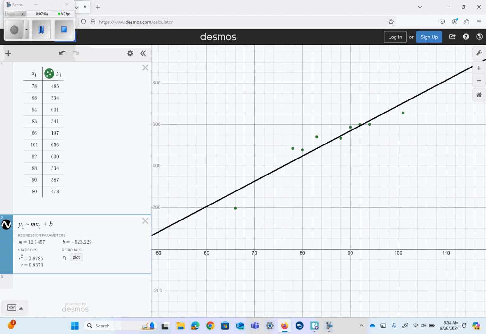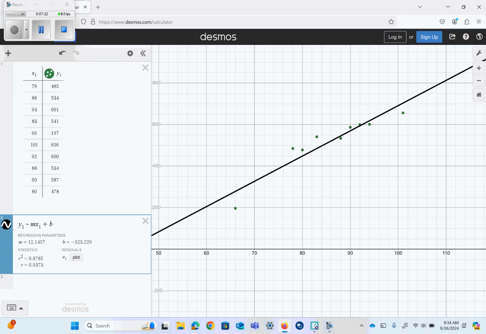Okay, so the explanatory variable on this one, on that page, is the eruption time in minutes, and the response is the time between eruptions.